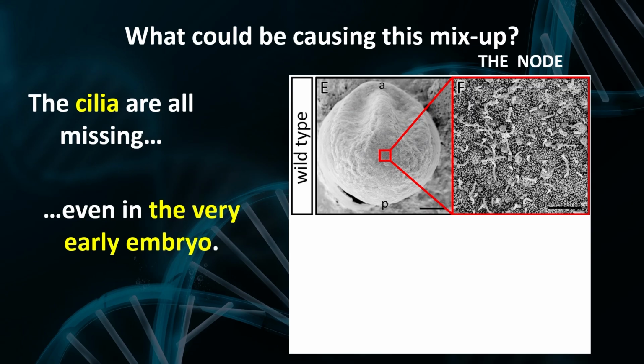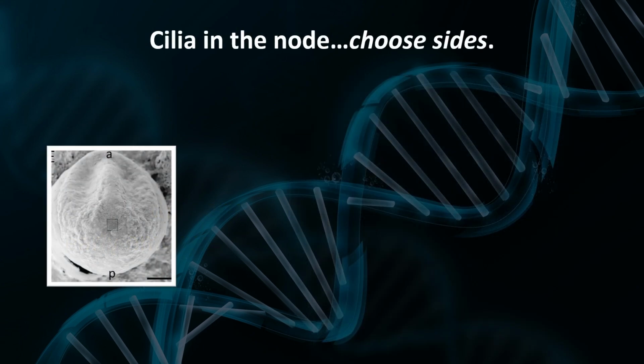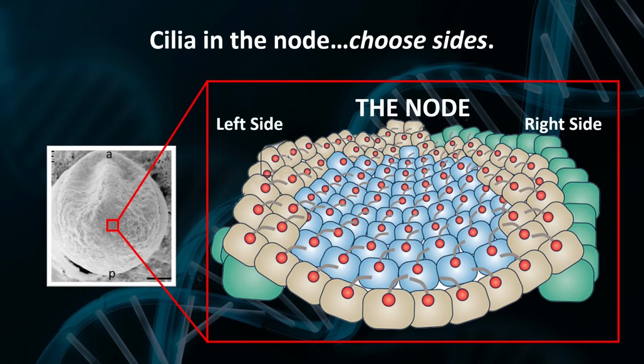That's what those little stringy things are. If we look in the same place in the mutant, they're gone. There are none. What does this have to do with choosing sides? Here's what it has to do with choosing sides. That tiny little belly button structure called the node with these tiny little primary cilia, early on in development, all of those cilia in the node start to move.